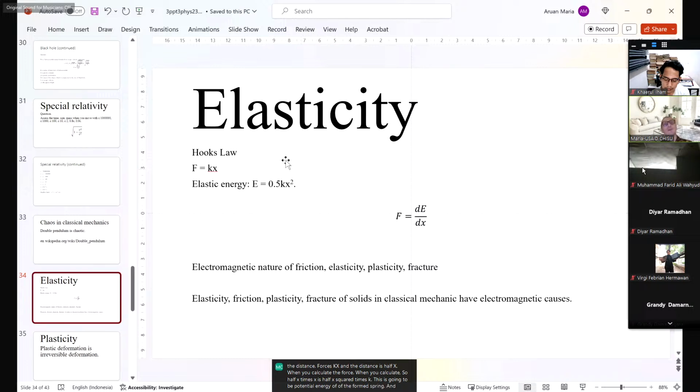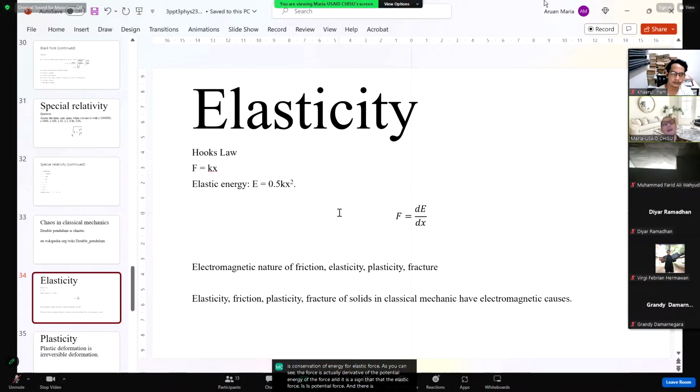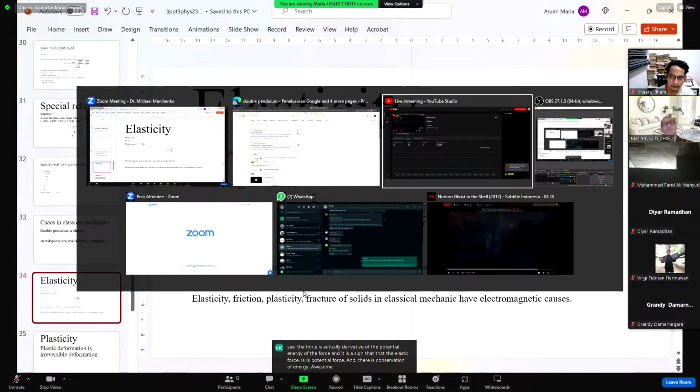And there is conservation of energy for elastic force. As you can see, the force is actually the derivative of the potential energy, and it is a sign that the elastic force is a potential force, and there is conservation of energy of elasticity.